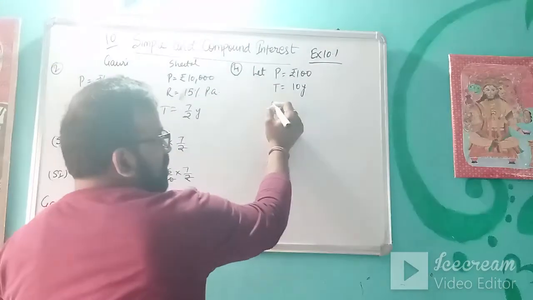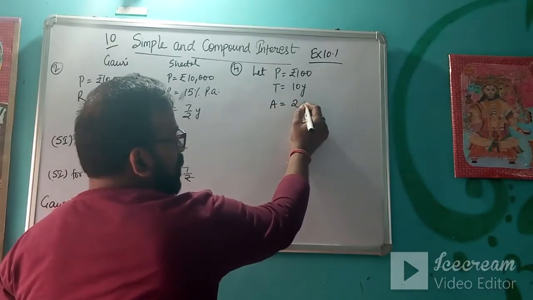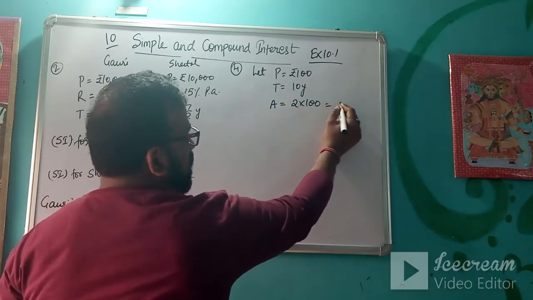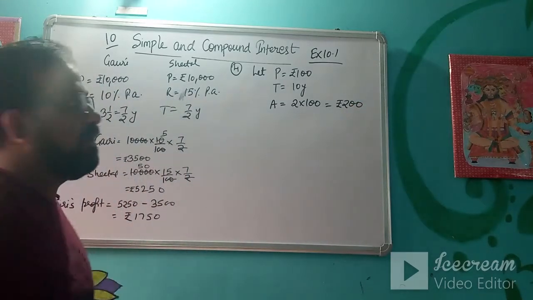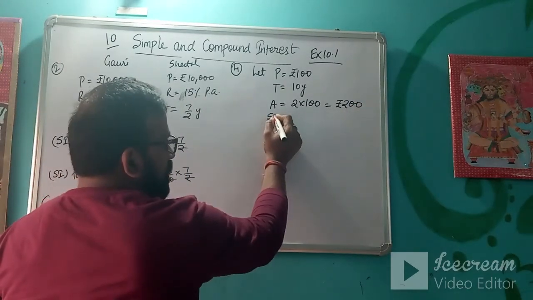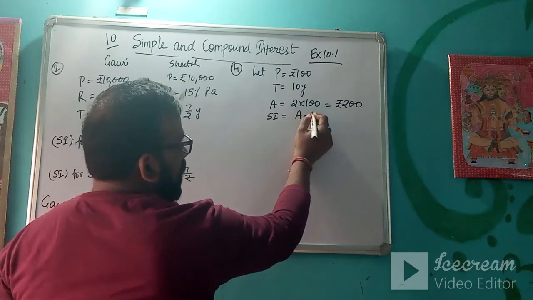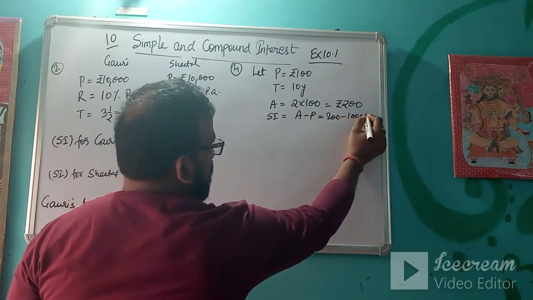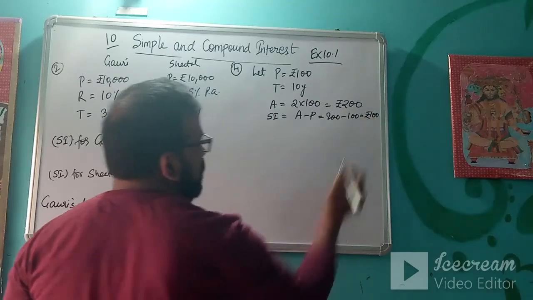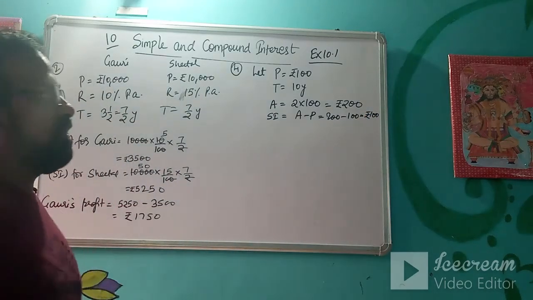It is given that the sum of money doubles itself, that means amount becomes 2 into 100, that is rupees 200. So what will be my simple interest? Simple interest will be amount minus principal, that is 200 minus 100, rupees 100.